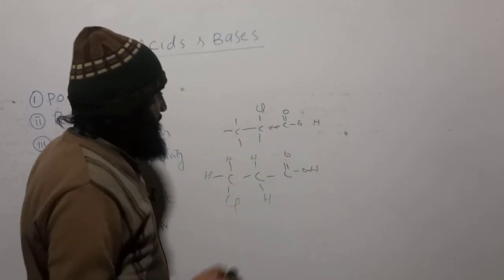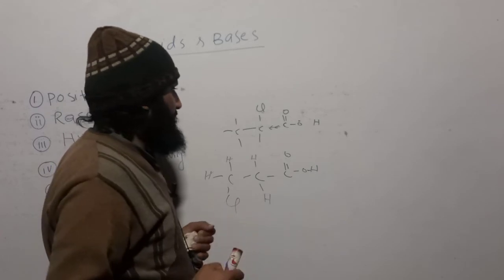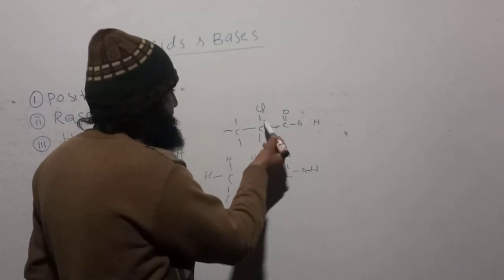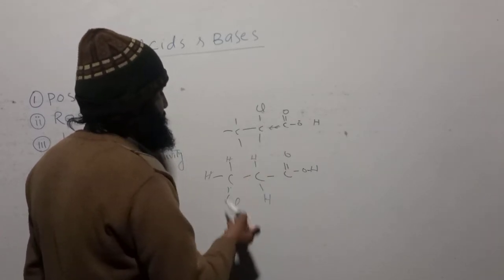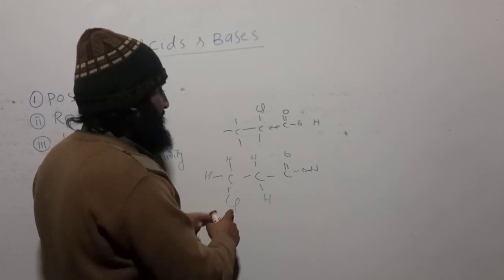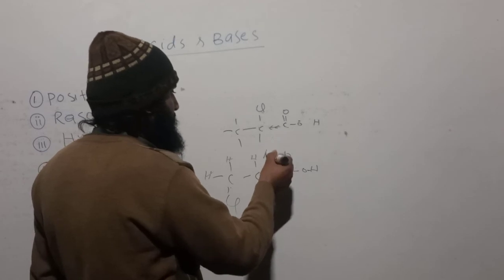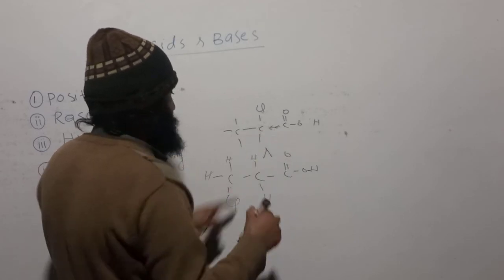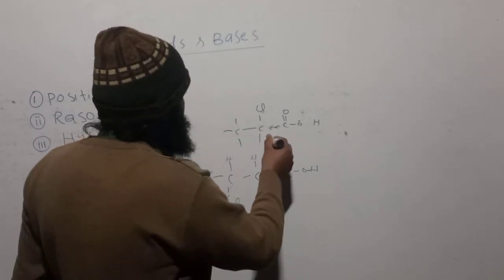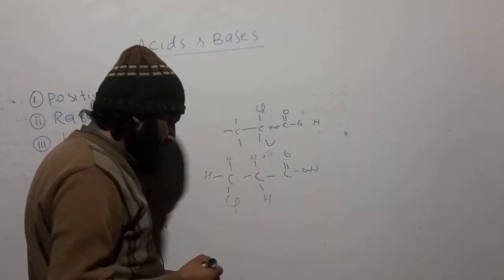It means the influence of the electron withdrawing effect here is greater than this one, so it cannot withdraw electrons as compared to that. It means the upper one is more acidic than the lower one.